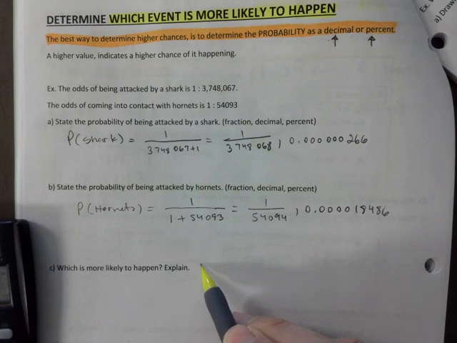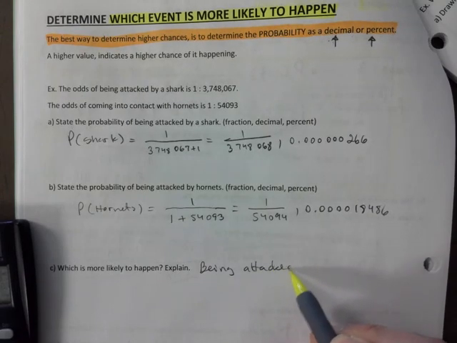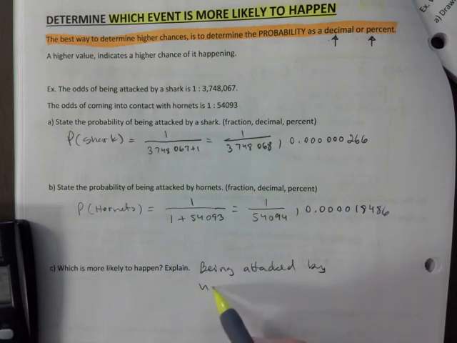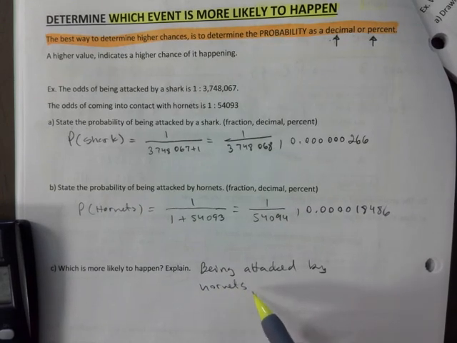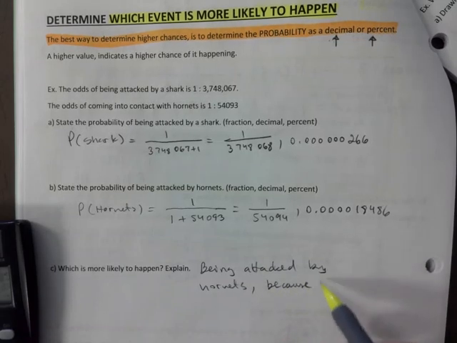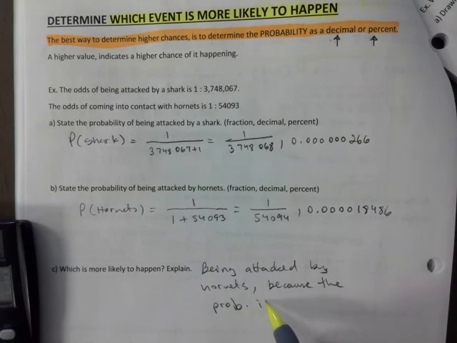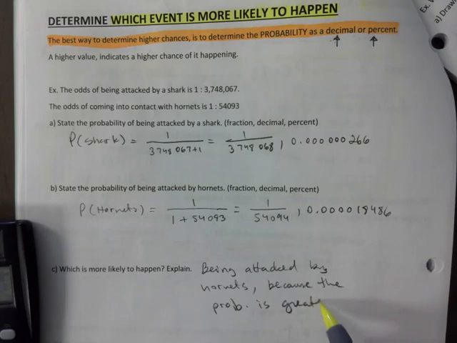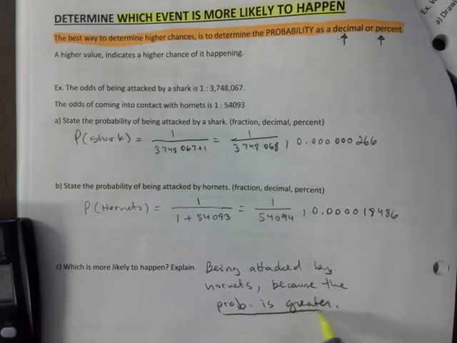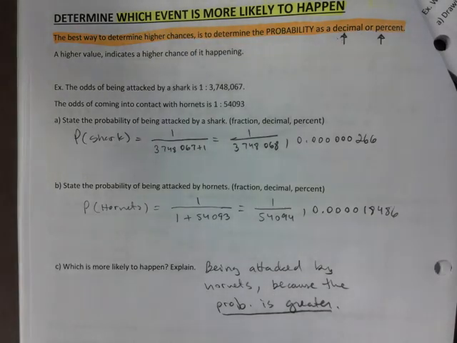We'll just say being attacked by hornets because the probability is greater. That's all you need to say. That's why you know the probability is greater, and you've mathematically shown that it is.